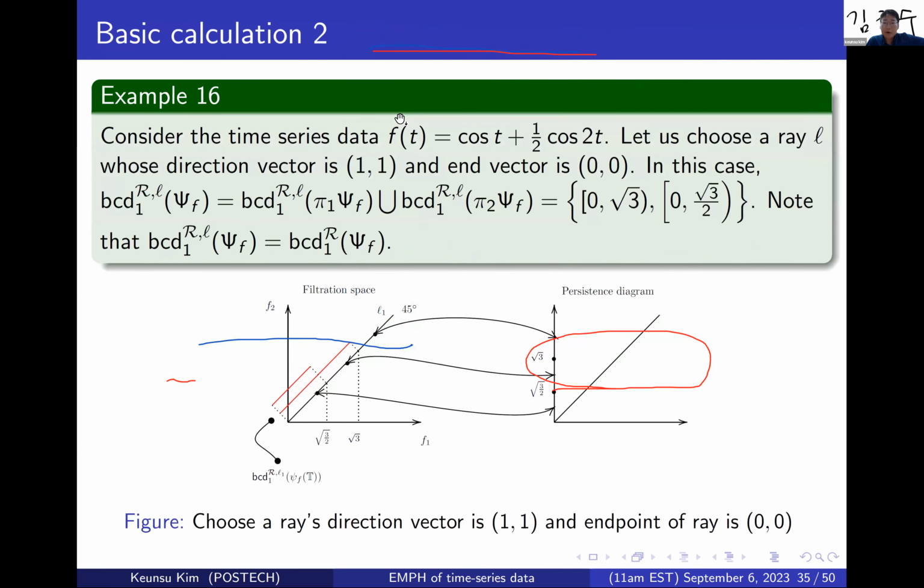And in the multi-parametric filtration, we select the diagonal ray. Then each barcode is given by this. So this example confirms that single parameter persistent homology is a special case of selecting the diagonal ray. This is a claim.